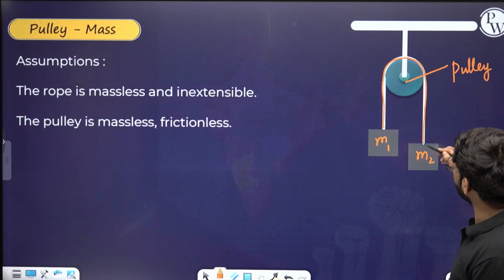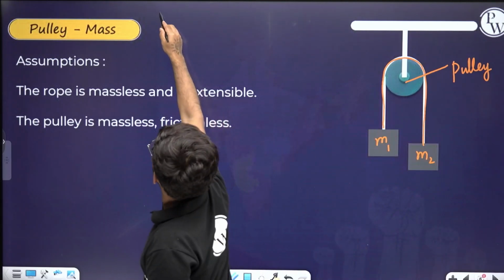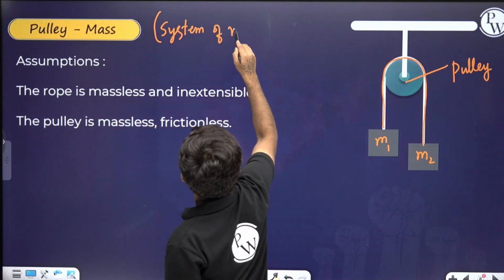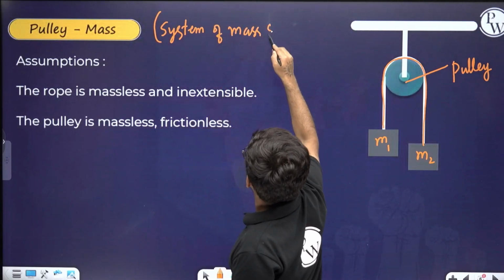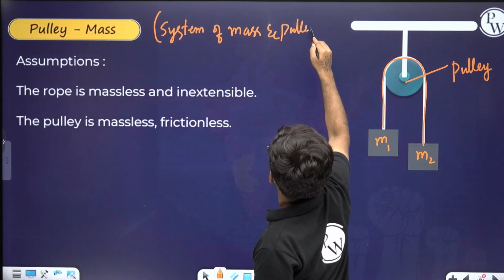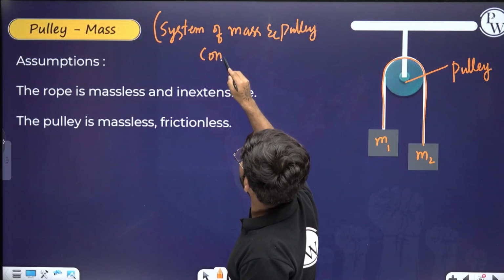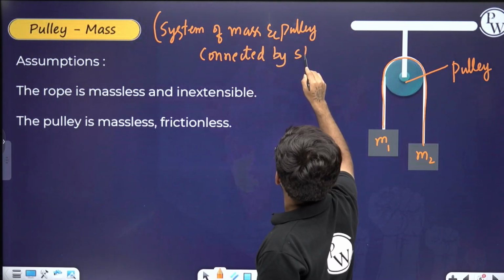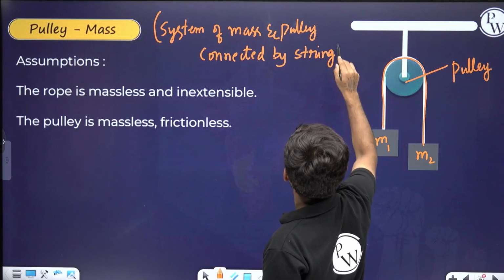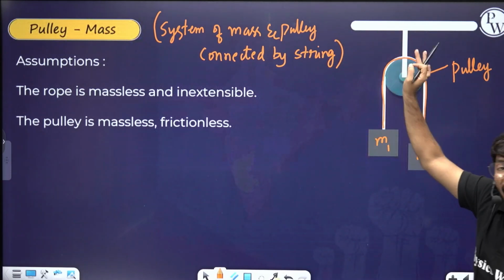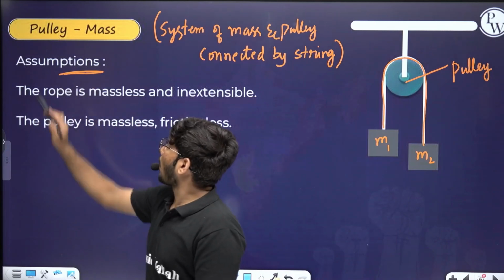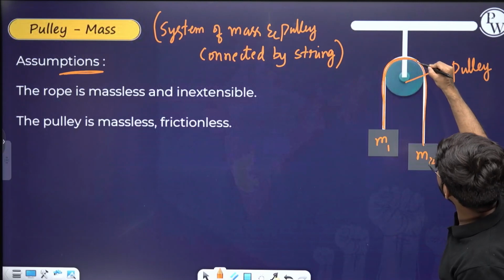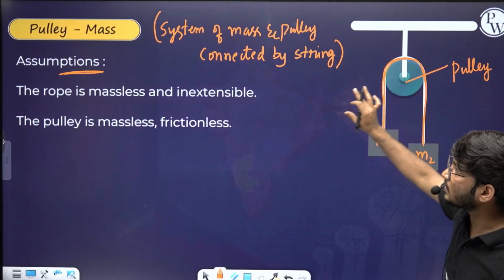So a pulley mass system is a system of masses and a pulley connected by a string, a rope. That is ideal. In ideal cases, the assumption is the rope is massless. This massless rope we call the ideal condition. This rope is massless and inextensible.